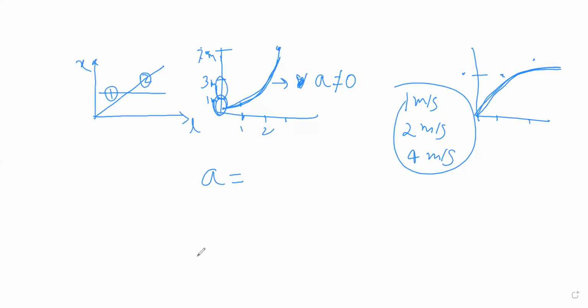Now we are going to discuss our next graph, the velocity versus time graph. Here the velocity unit is meter per second, obviously, and time is in seconds.